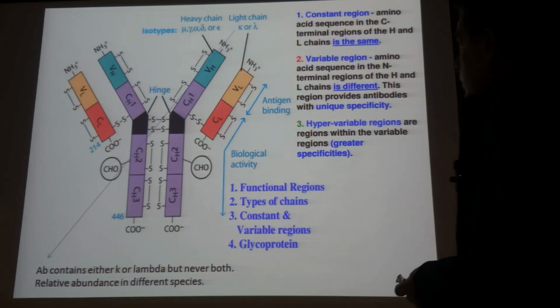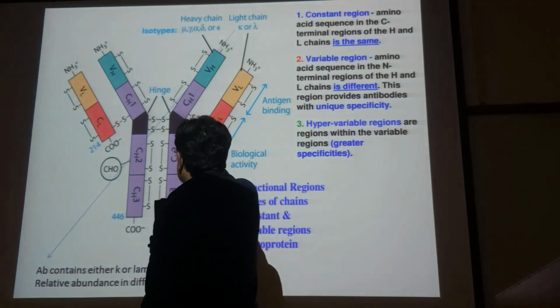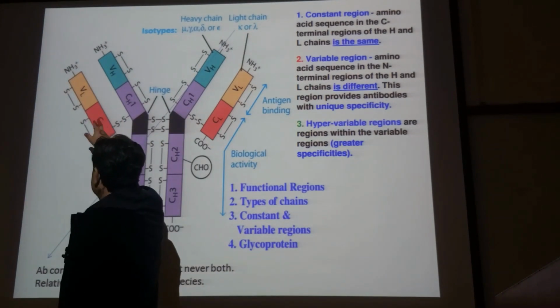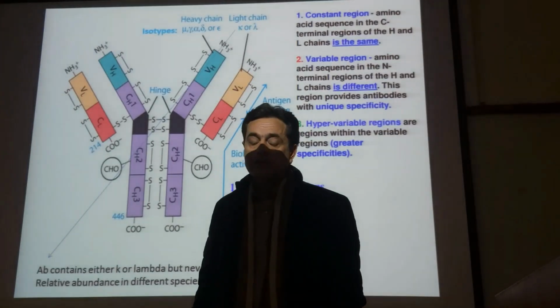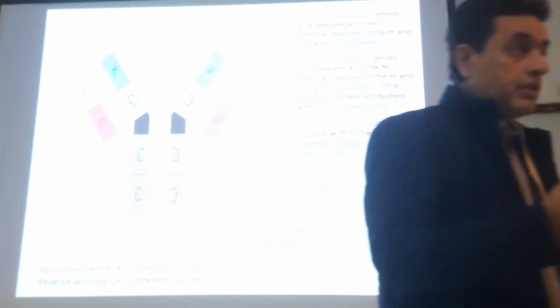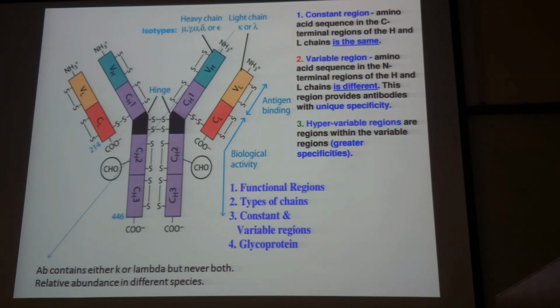Then there are also hypervariable regions that I will discuss in the next slide. In these VL or VH domains, there are other very specific hypervariable regions. So actually, the actual binding site for the antigen is that hypervariable region. Okay?